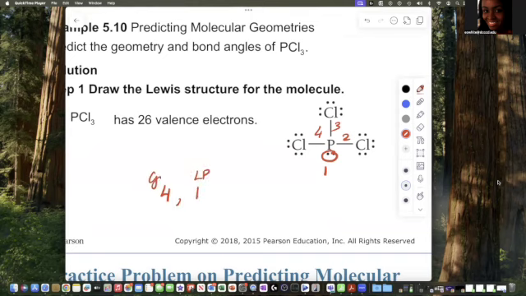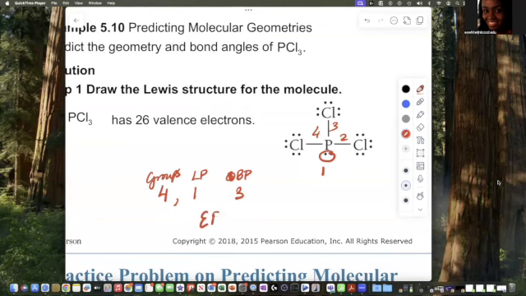So these are the number of groups. We have 4 groups, 1 lone pair, and then 3 bonded pairs. Oops, let me write it here. Yeah, 1 lone pair, 3 bonded pairs. Based on that, if they ask us for the electron pair geometry, this would be tetrahedral, right? Because we have 4 groups.